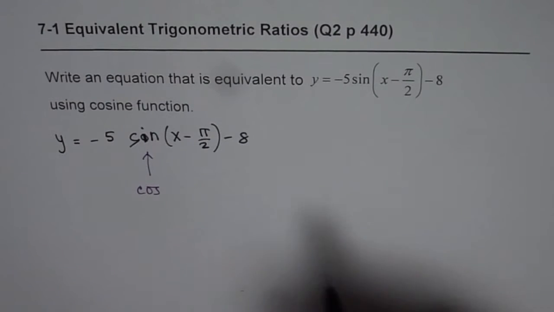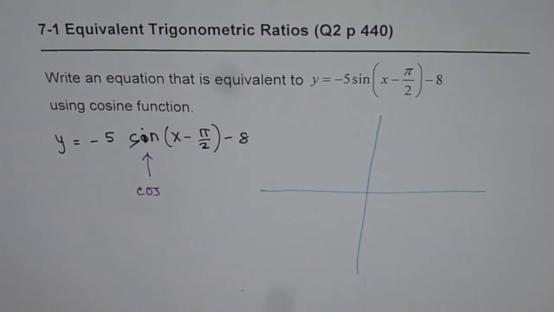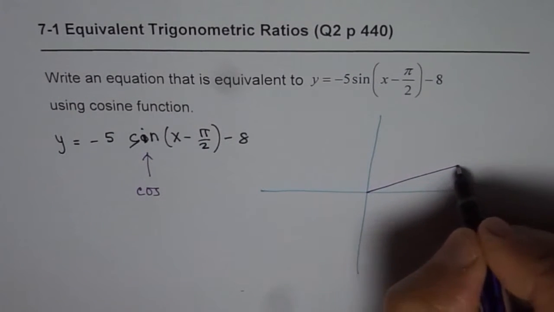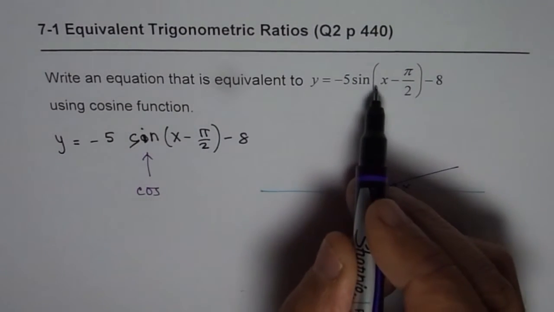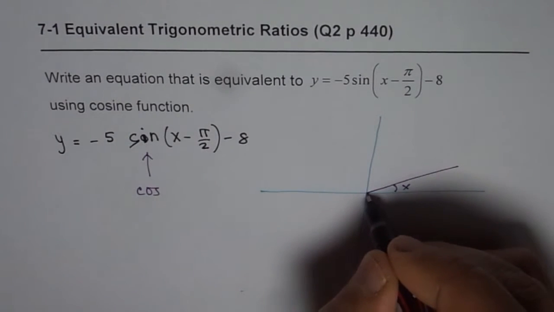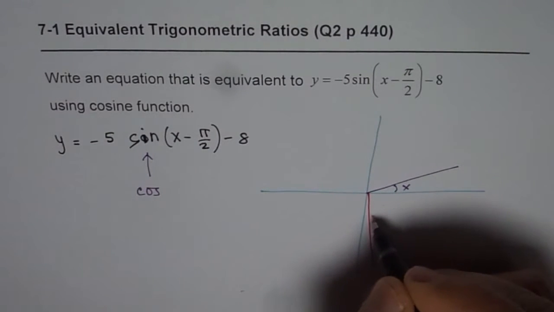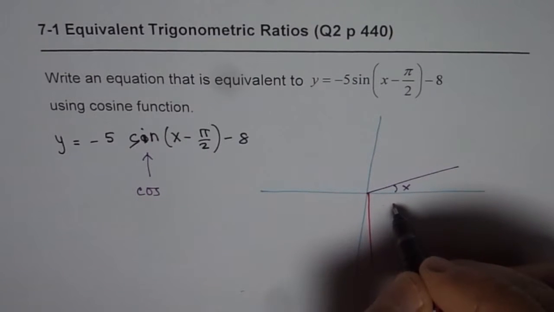Now let us explore the given function itself. So on a coordinate plane, let us assume that x is one acute angle. So let us say this is angle x for us, okay? When I say x minus pi by 2, that means what? It means that you take away pi by 2 from here, so you will land up in this quadrant, correct? So that is from here, x minus pi by 2, correct?